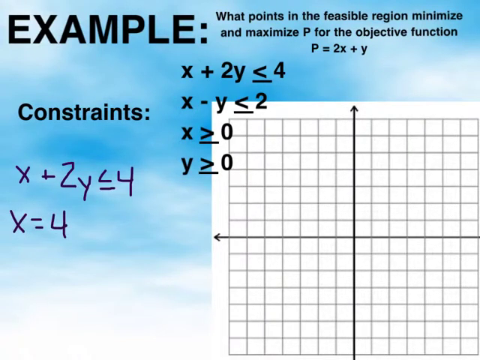Then x equals 4. Then I'll make x 0, so 2y equals 4. That means y equals 2. I'll graph those, 4 on the x-axis, 2 on the y-axis. It's going to be a solid line because it is or equal to.